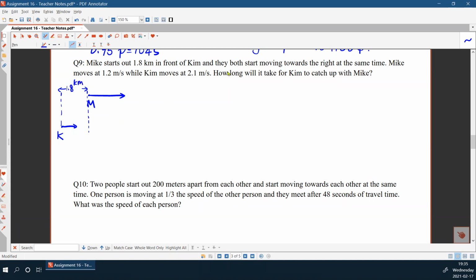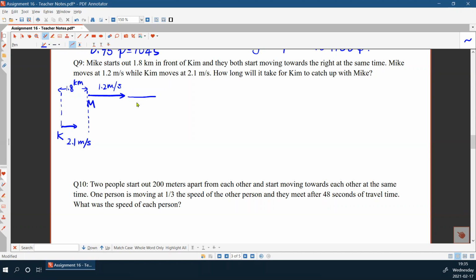What else do we know? Mike moves at 1.2 meters per second. So Mike's speed is 1.2 meters per second. Kim moves at 2.1 meters per second. So we also know their speeds, right? And it asks you to calculate how long it will take for Kim to catch up with Mike.